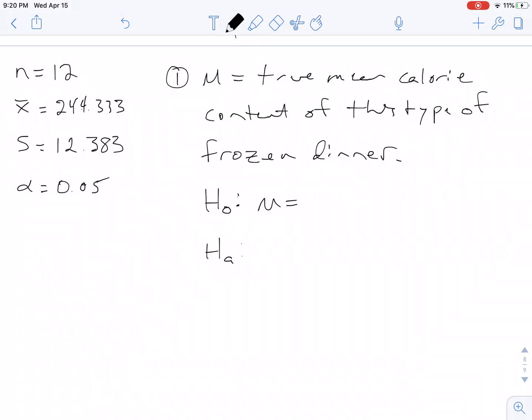So my null hypothesis always gets an equal sign. So mu is going to equal 240. My alternate is, so I want to decide what I want to show as true about mu.